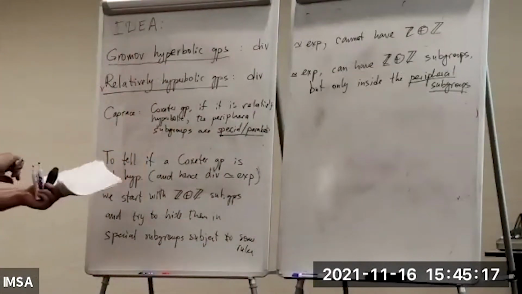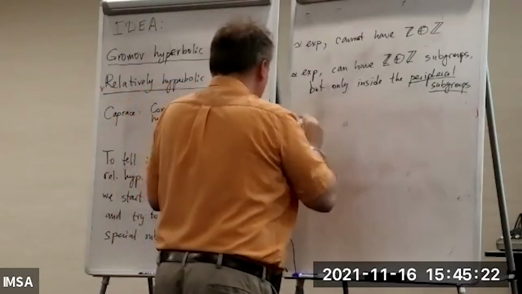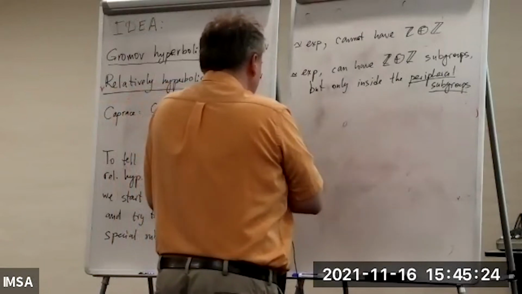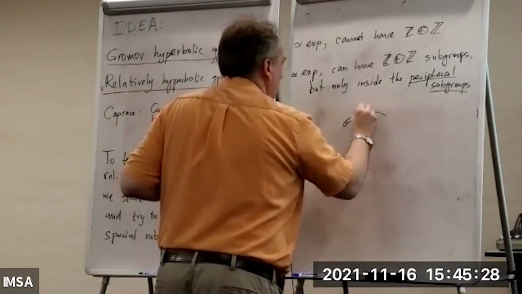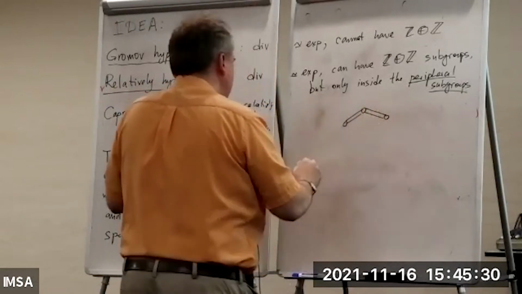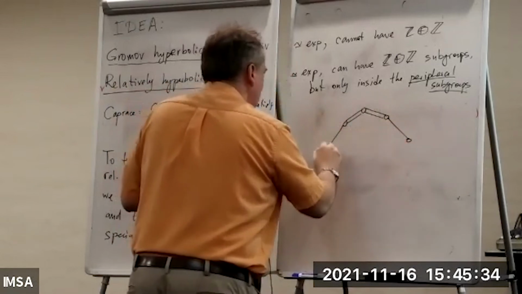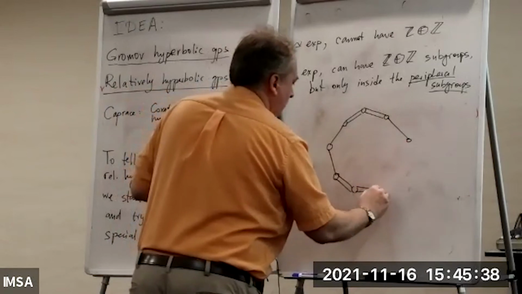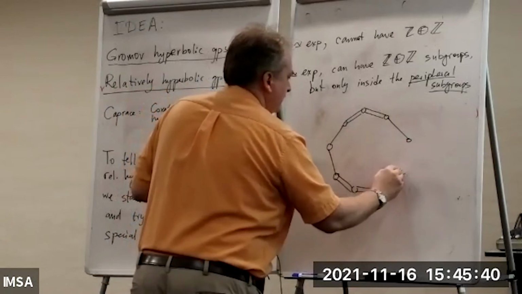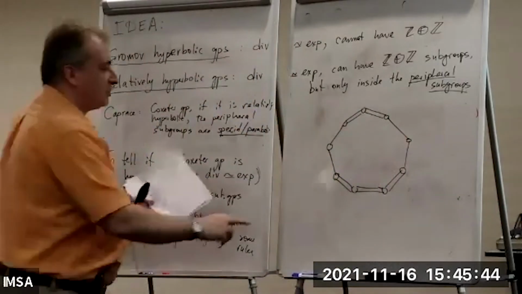The best is to look at a certain Coxeter group. So a double edge means label 4.